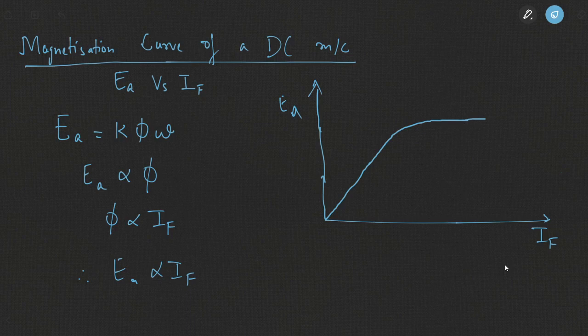Once magnetic saturation occurs in the system, even if we increase the voltage fed to the field winding so that IF can be increased, that will no longer affect the flux in the machine because it has already achieved saturation.